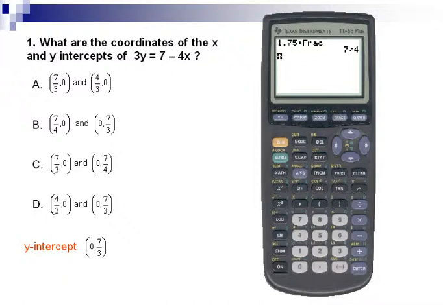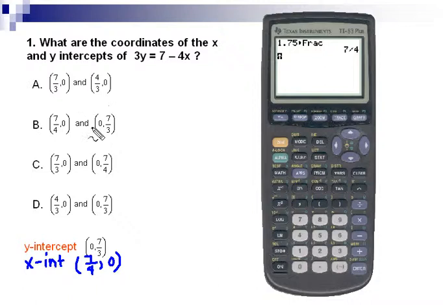Now we know that our x-intercept is going to be (7/4, 0). Be very careful in checking your answers.